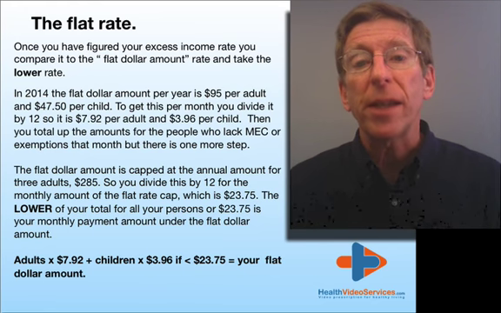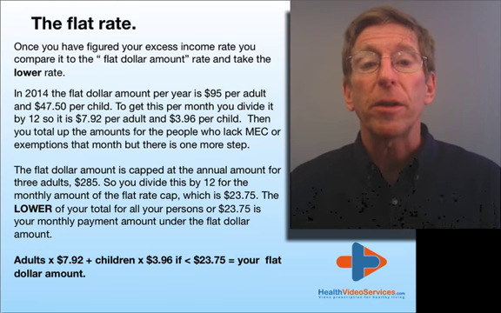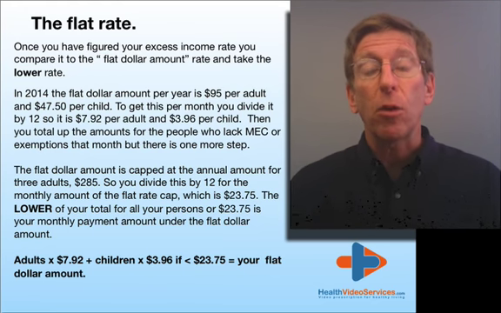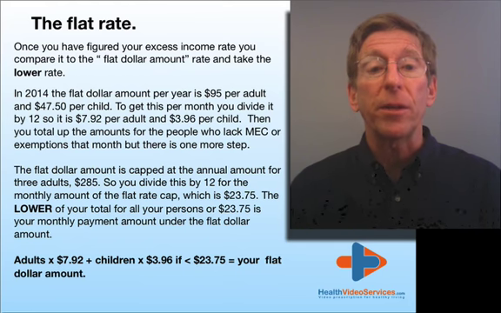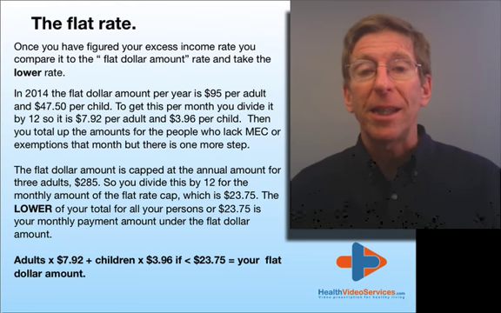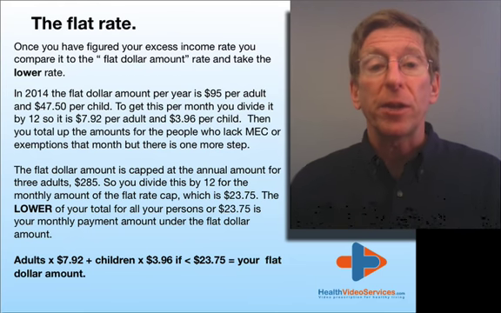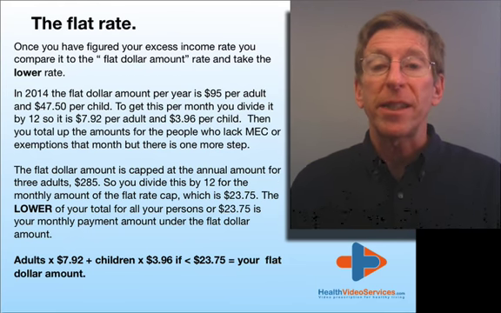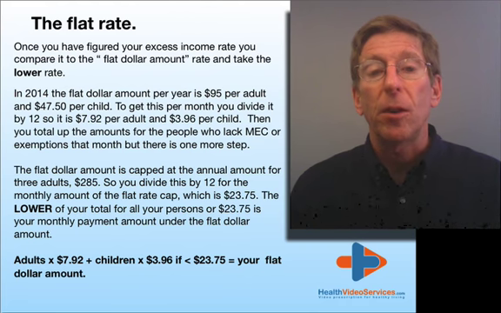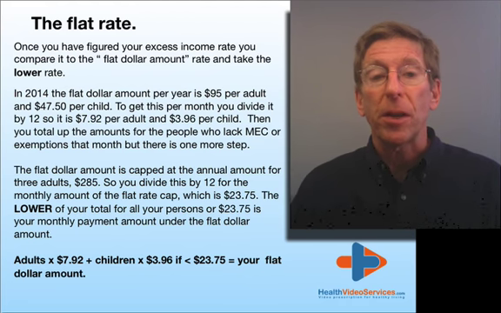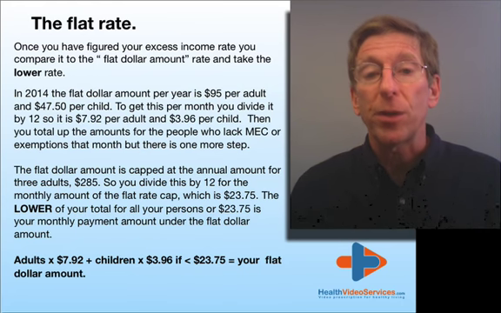Once you have figured your excess income rate, you compare it to the flat dollar amount rate and take the higher rate. In 2014, the flat dollar amount per year is $95 per adult and $47.50 per child. To get this per month, you divide by 12, so it's $7.92 per adult or $3.96 per child. Then you total up the amounts for the people who lack MEC or exemptions that month, but there's one more step.